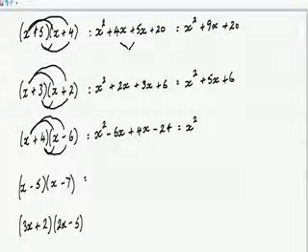Now this bit, think in terms of money. You're £6 overdrawn, you add £4 to your account. So then you will still be minus £2. So that will be minus 2x, and then the minus 24 we just add to the bottom.